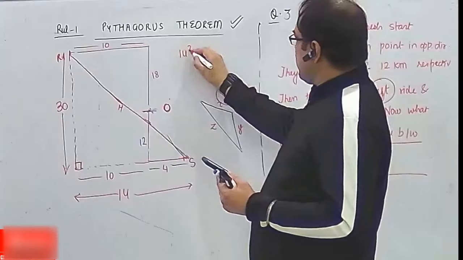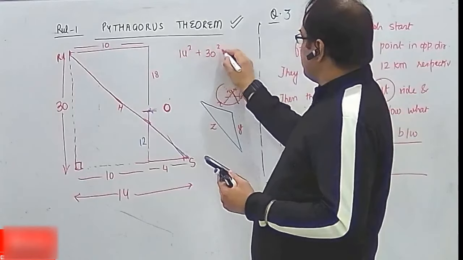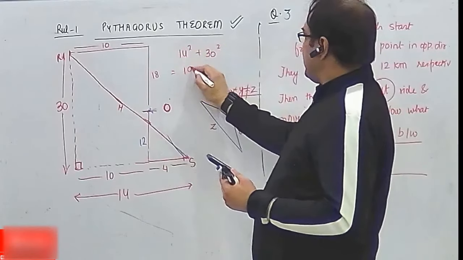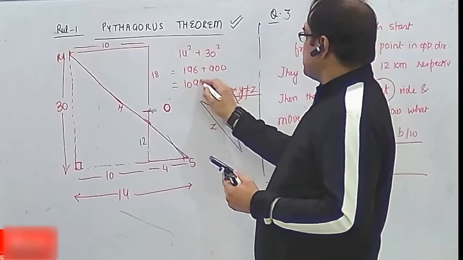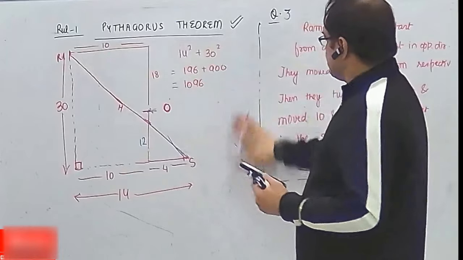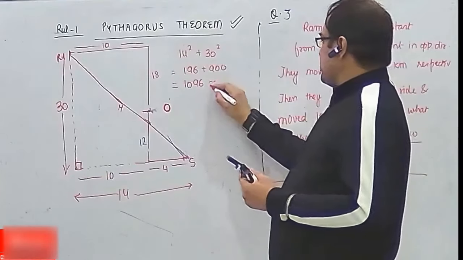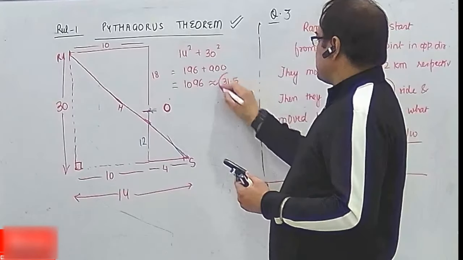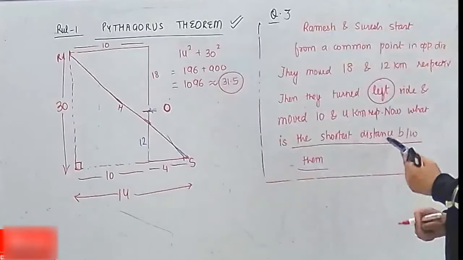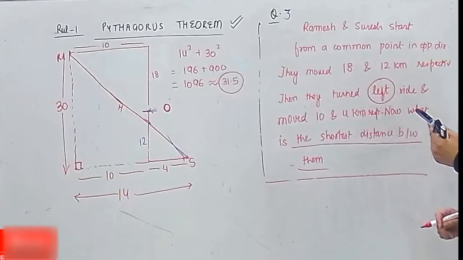So 14 square plus 30 square is 196 plus 900, which equals 1096. This is approximately 31.5 kilometers. Okay, 31.5 kilometers.